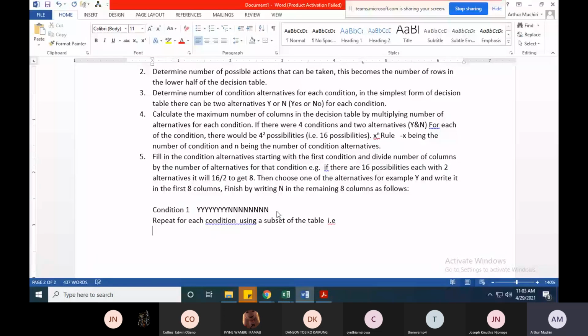Now this is the first condition. We have written the first one, condition 1, here: yes 8 times and no 8 times. Now let's look at how the next condition should be. If we have condition 2, you're going to say yes, how many times?